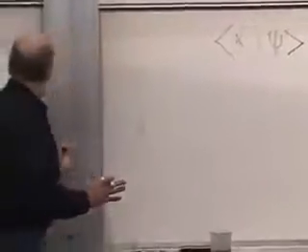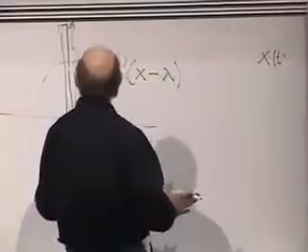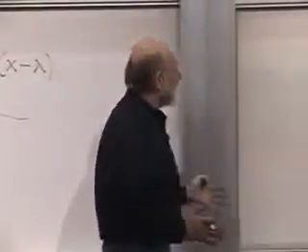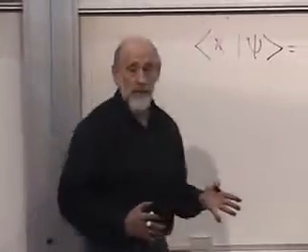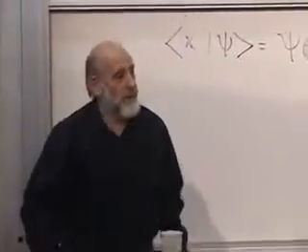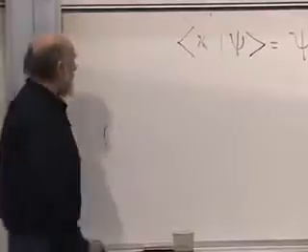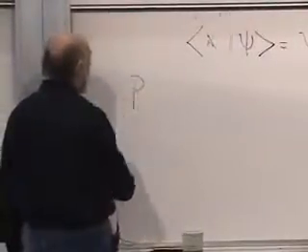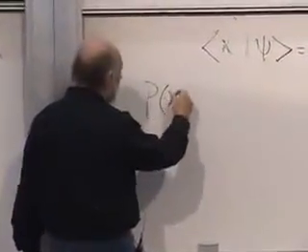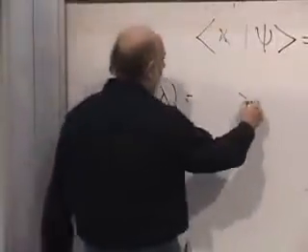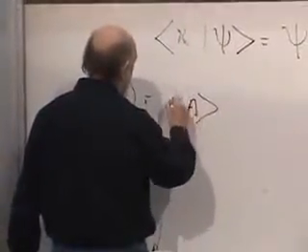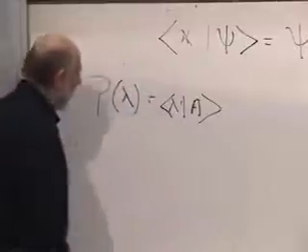But now let's use the postulate. What have we done? We've erased all the postulates. Oh my goodness. What was the fifth postulate? Not Euclid's fifth postulate, but the quantum fifth postulate. It was about probabilities. It said that the probability for getting a particular lambda is the square of the vector projected onto the eigenvector lambda.